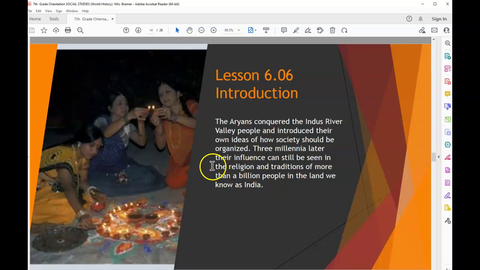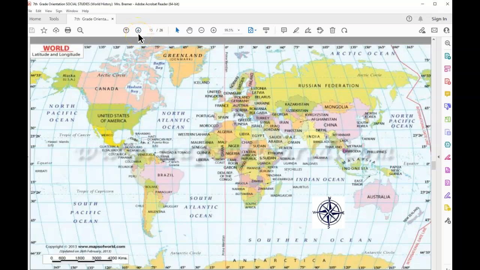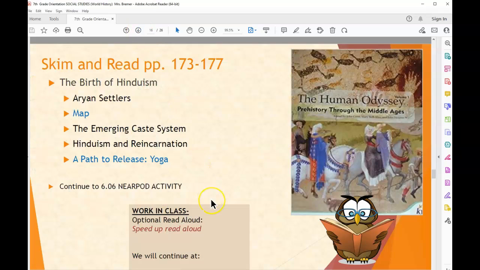Okay, so we're talking about history. This is how we can trace back how people living in India today live. So we're going to go back in history to find out how people in India are living today. So we've gone from China and we're coming back over to India, the Indus Valley.